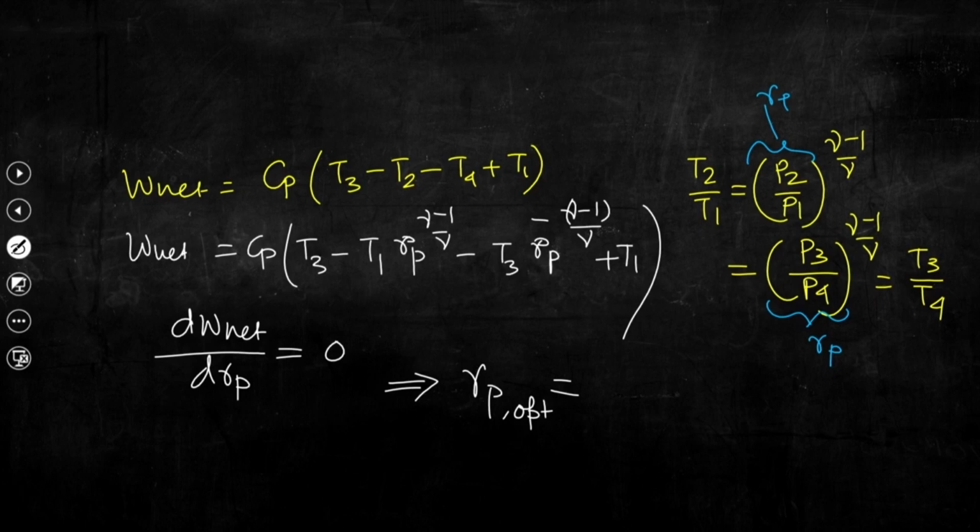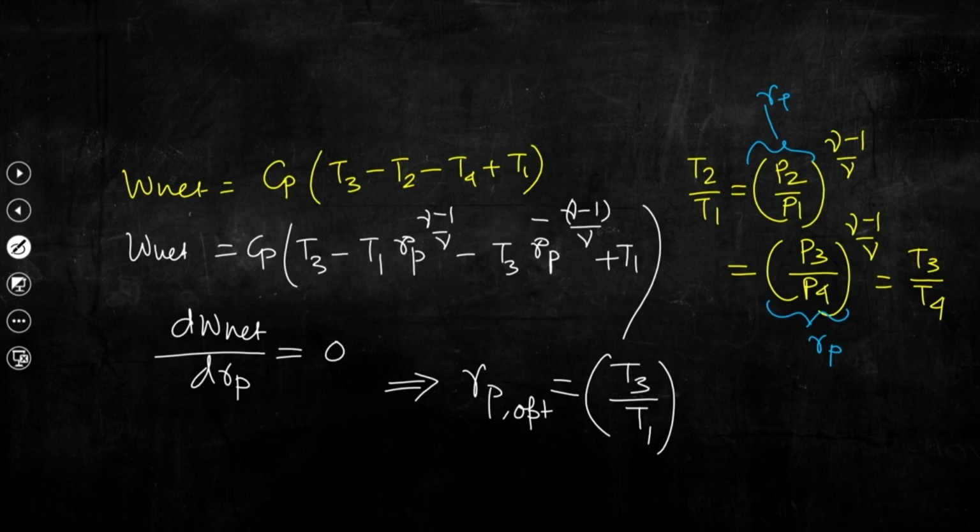and this Rp optimum should be T3 by T1 power, because you can understand that T1, T3, we could express T2 and T4 in terms of T1 and T3. As I said few minutes back, that T1 is constant and we are assuming that we are supplying equal amount of fuel. So, we can also fix T3.